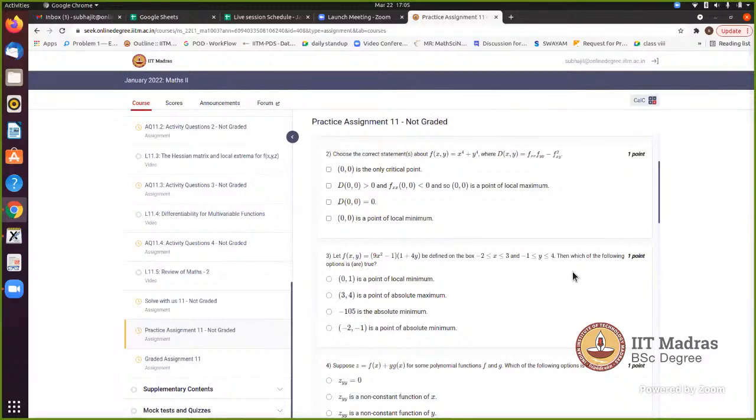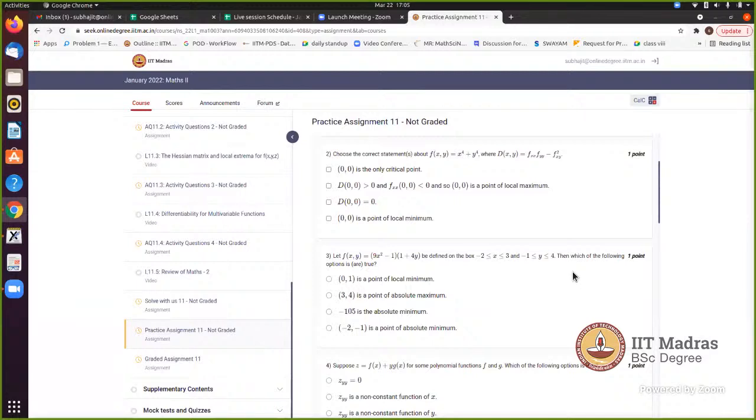Sir, 3, 4 is the point of absolute maxima. Option B, sir, this is not satisfied. I mean, it may not be a critical point, but it is on the boundary, right? So first of all, you have to find all the critical points here. Then you have to check along the boundary also, correct?